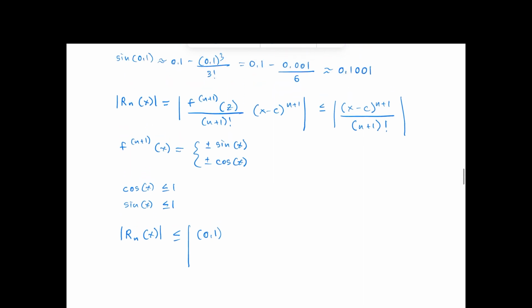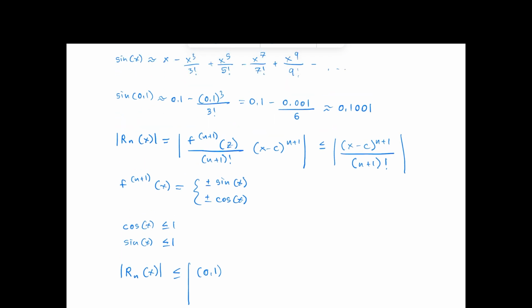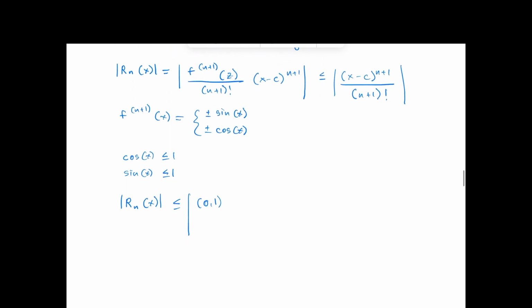If we're considering the first two terms up until x cubed, technically there is a fourth term in your approximation, but that term is going to 0, so we're going to consider the next term in our polynomial. That's going to be x to the 5th over 5 factorial. So accordingly, we're going to say 0.1 to the 5th power over 5 factorial is the largest possible error bound, meaning the largest possible difference between our approximation and the true value of sine of 0.1.